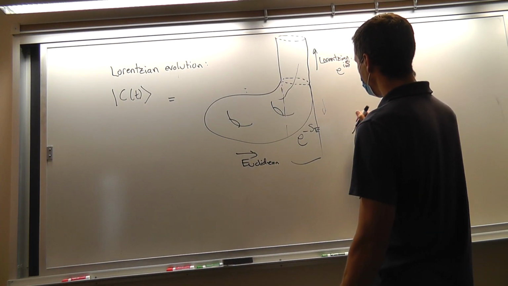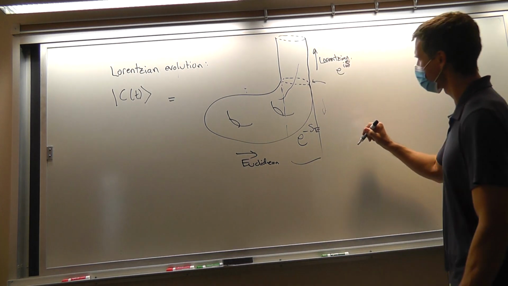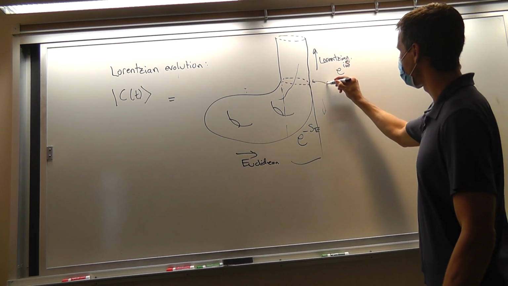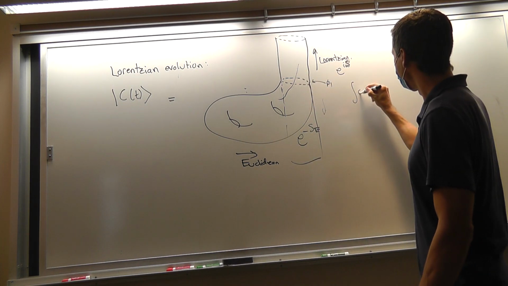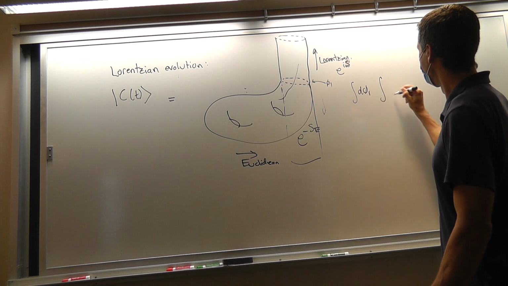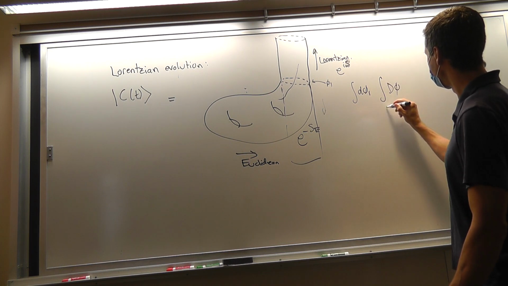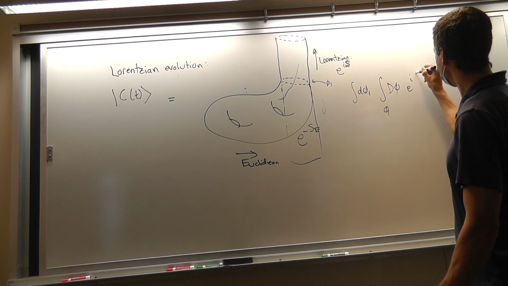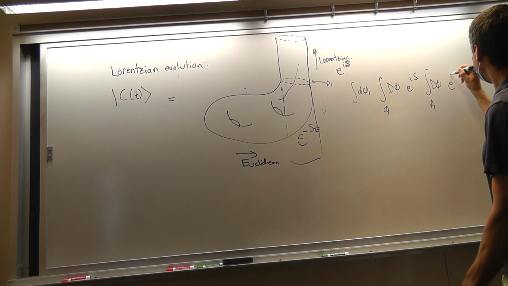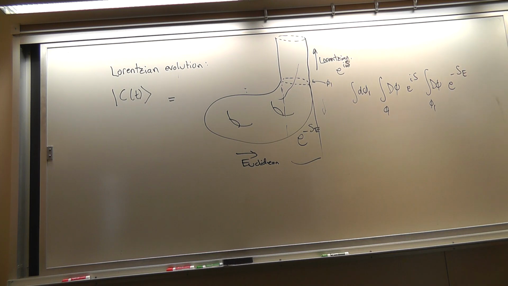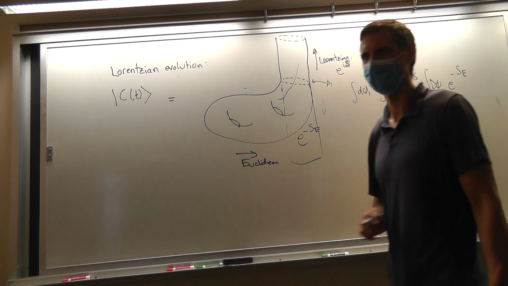So a convenient way to write it is to declare that there's some data phi1 on the gluing, and then to integrate over phi1, integral d phi with boundary condition phi1, e to the iS, integral d phi with boundary condition phi1, e to the minus S_E. If we wanted to, we could have just said that we're doing this whole integral with the condition that they're continuous, but it's nice to say it this way.